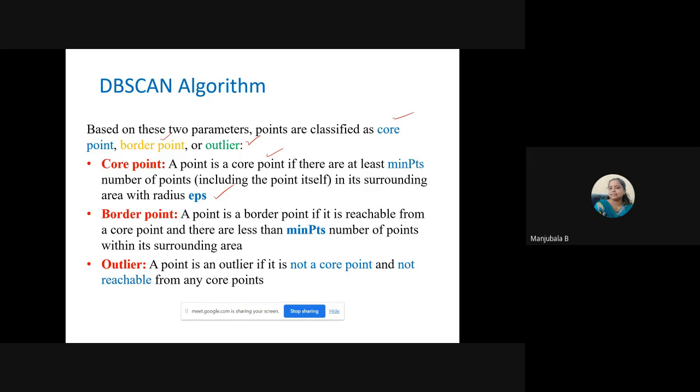And a point is a border point if it is reachable from a core point, but there are fewer than MinPts points in its surrounding area. And an outlier is neither a core point nor a border point. So a point is an outlier if it is not a core point and not reachable from any core point. Generally the outliers will not form clusters in the DBSCAN algorithm, so they will be separated from the remaining points in the data set.